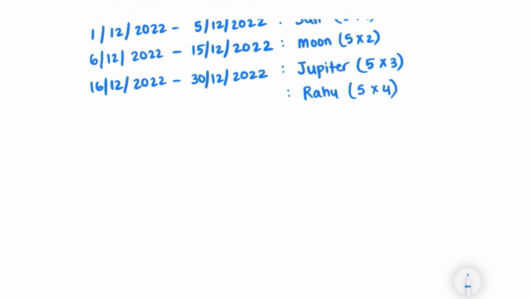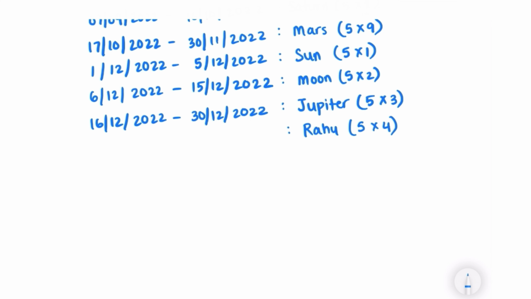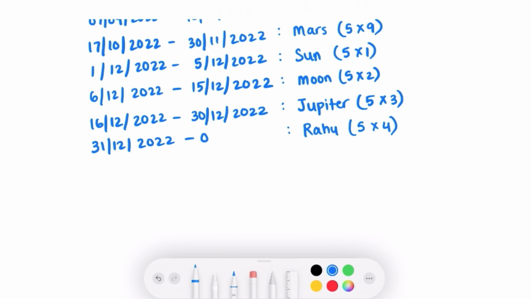I hope you guys are understanding and following me through in this calculation. So we have December 30th, so from the 31st. And now we are in the new year.